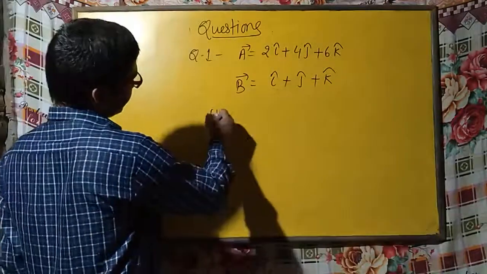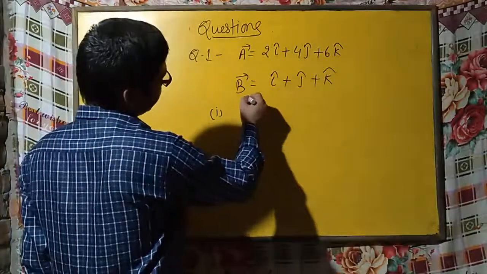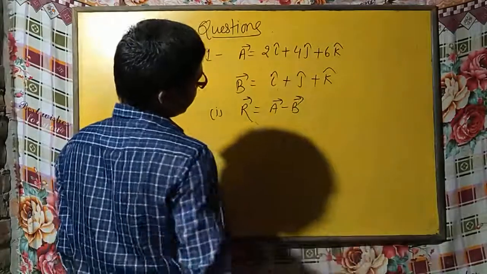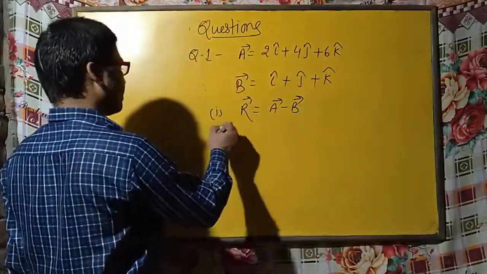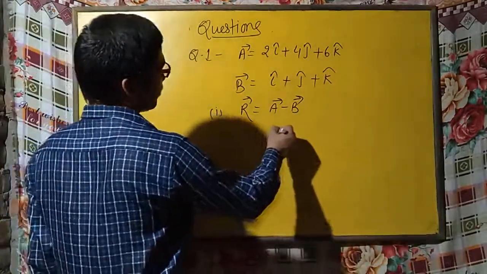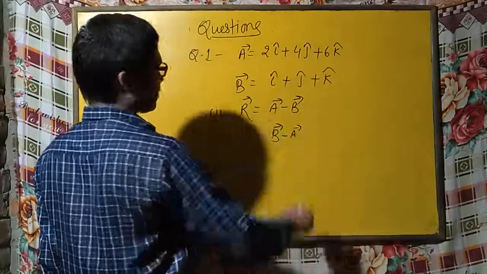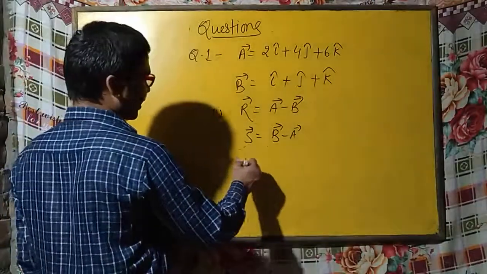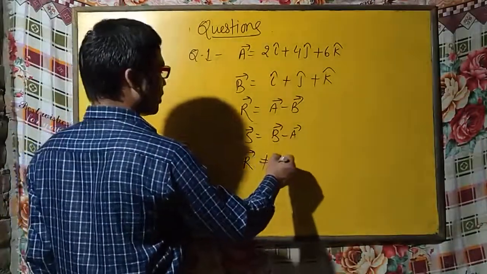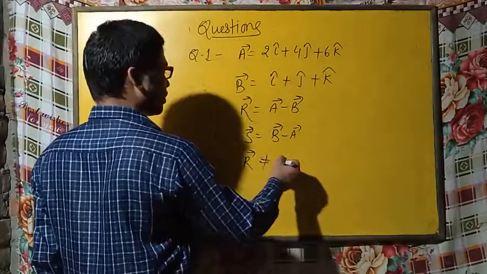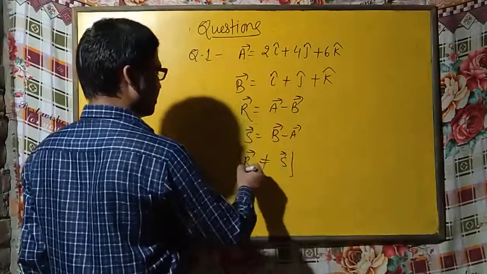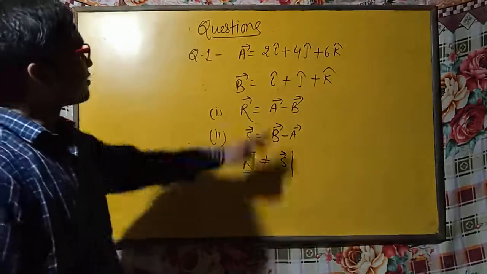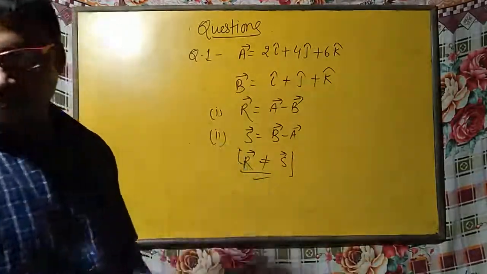So suppose we want to find the value of r, that is r is equal to a minus b, and then the second one, that is s is equal to b minus a. You will see that these two vectors, r is not equal to s. We will prove this identity by getting the result of this question.